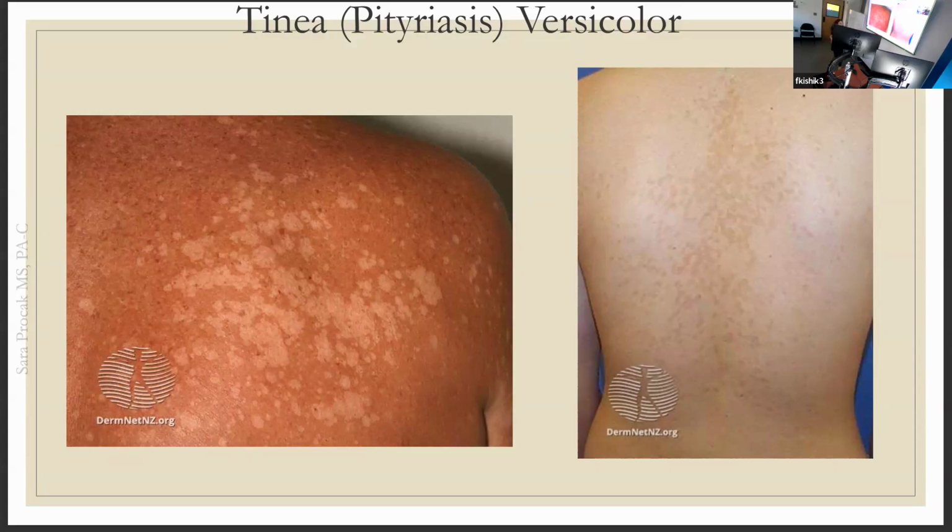All right. So the lesions themselves, whether they're hypo or hyperpigmented, are going to look the same. You're going to get these macular areas that may coalesce. You can get larger patches with fine scaling associated with them.